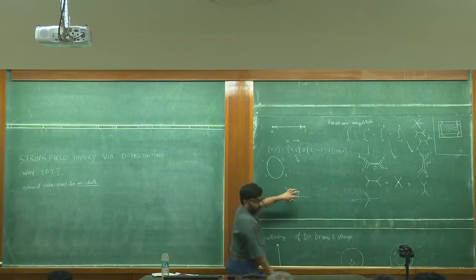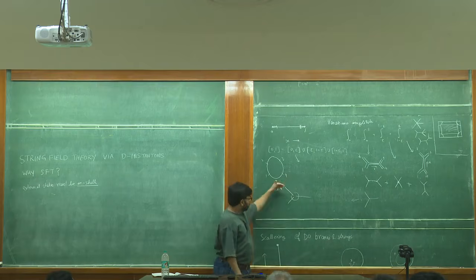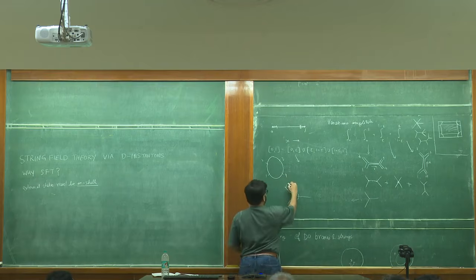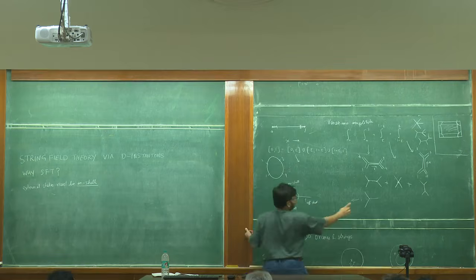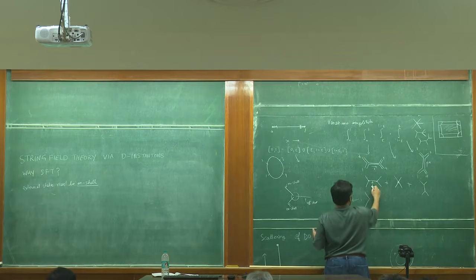This is some cubic term that you would have pulled down from the action, and these are the 3 Wick contractions that are happening. These two are on shell, but this one is generically off shell, coming from this graph. This line is off shell.